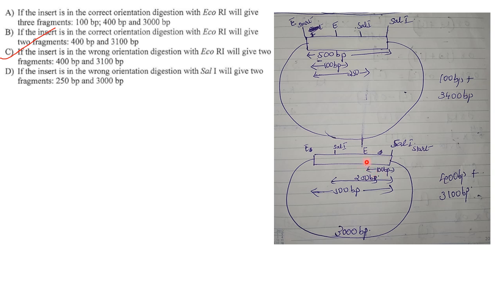So once you use EcoR1 for digestion, it will cut over here as well as here. So this whole sequence will be 400 base pair. And what will be the remaining? 100 base pair plus 3000 base pair of the plasmid. So 400 base pair plus 3100 base pair is what you will get when you digest with EcoR1 if the orientation of your gene of interest is in the wrong way.